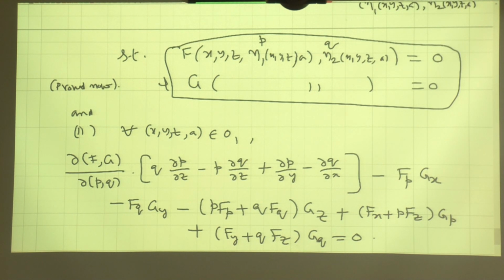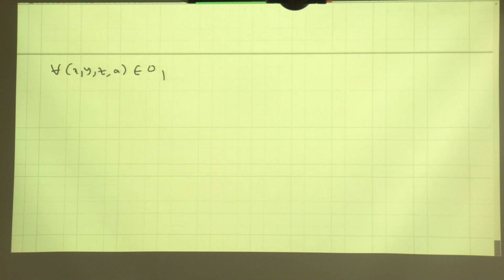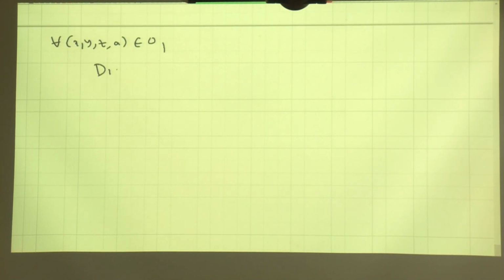Suppose I want to differentiate the first equation with respect to x. How will it look? Fx plus Fp, dou p by dou x, plus Fq, dou q by dou x equal to 0. Right? So let me write that. Differentiating with respect to x, that F equal to 0, what I get is Fx.